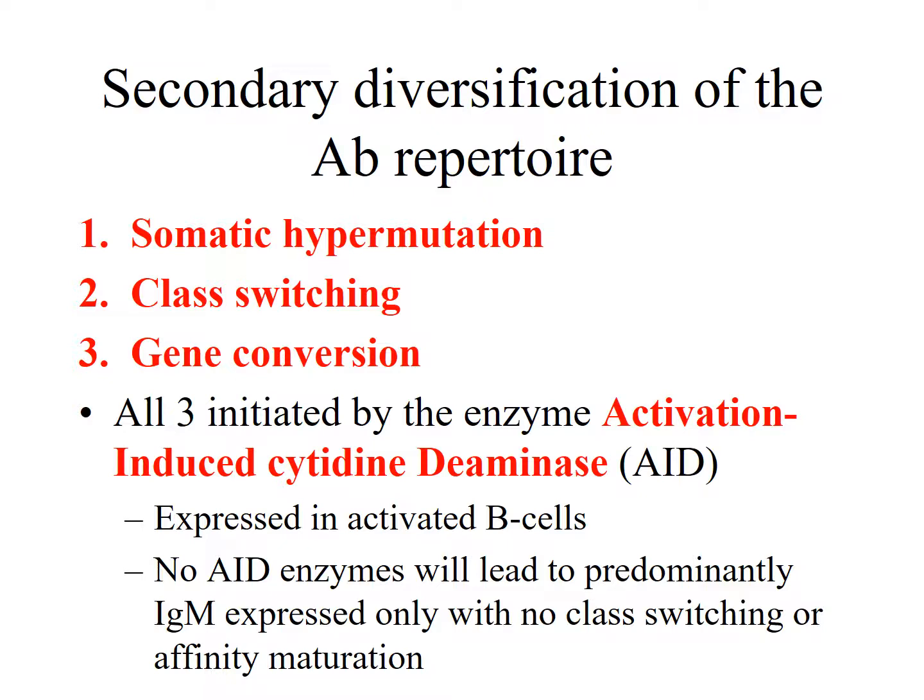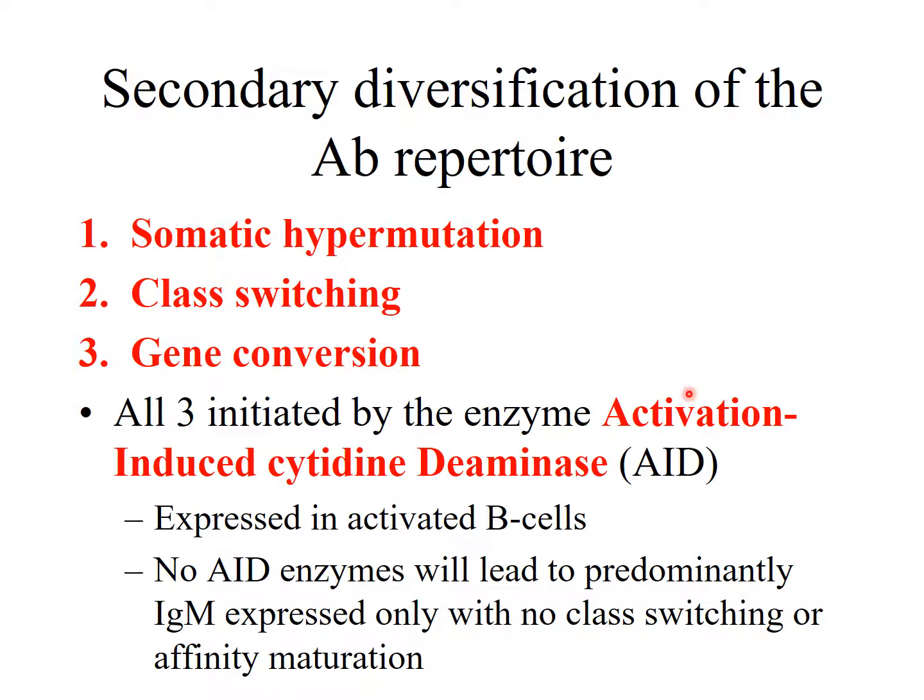And then we have to take into account gene conversion. Gene conversion is going to allow for the swapping of, after the class switch, how do we get increased affinity?